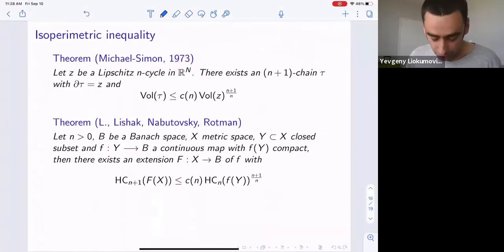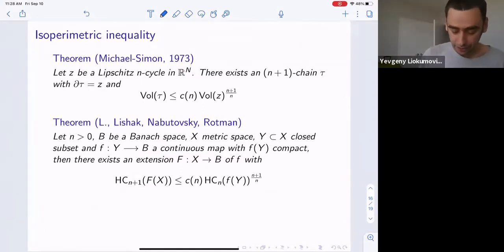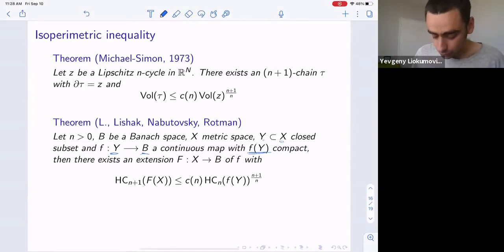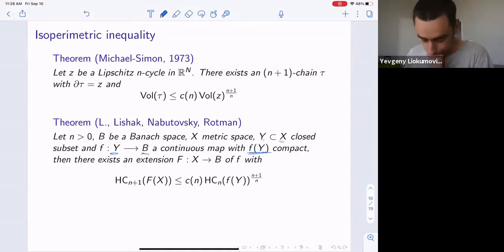And so in the metric space context, we prove this kind of isoperimetric inequality: if you have some Banach space B, possibly infinite dimensional, and you have a metric space X, and you have a subset Y, and you have a map from Y into B, and you have control on the Hausdorff content of this image. And let's assume that the n-dimensional Hausdorff content is not zero.